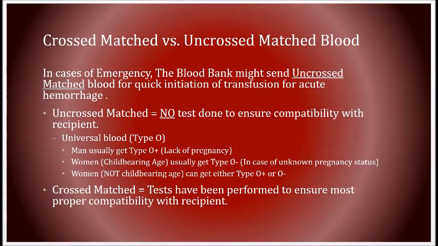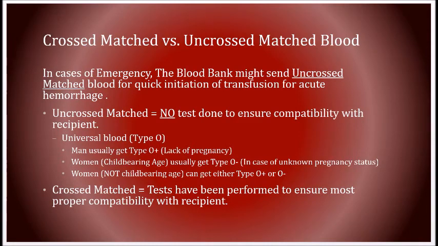So it is worth mentioning two types of blood. One is called the cross-match and the other one is called the uncross-match. Uncross-match just means that there's no test done to ensure compatibility with the recipient. And you might ask, well, that's kind of dangerous.